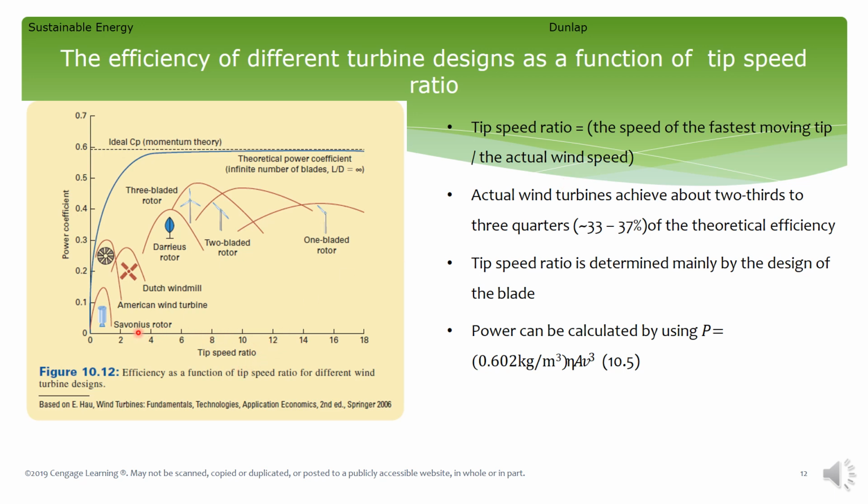In this figure, the x-axis is the tip speed ratio, and the y-axis is the power efficiency. Actual wind turbines achieve about 2/3 to 3/4 of theoretical efficiency.